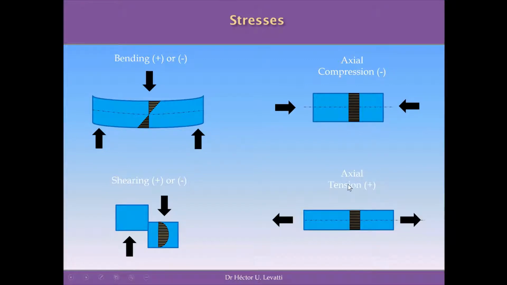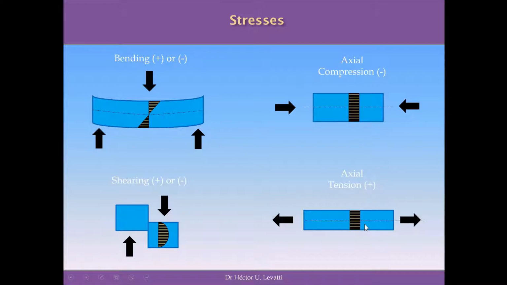The same thing happens with the axial tension, where you have this piece of structure under tension, and you will produce internally a distribution of constant tensile stresses, and these stresses will be positive by convention. And the important thing is that the distribution is uniform.